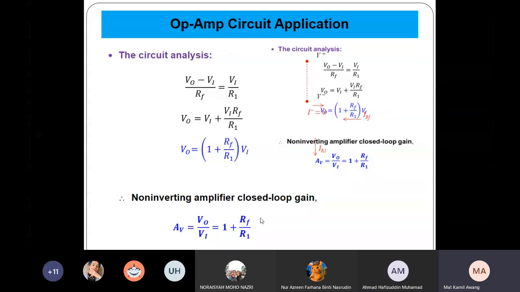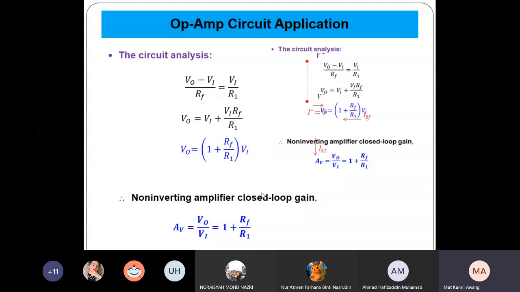That is the gain. For the inverting, it is minus RF over R1. Okay? So that is the gain for the non-inverting amplifier.